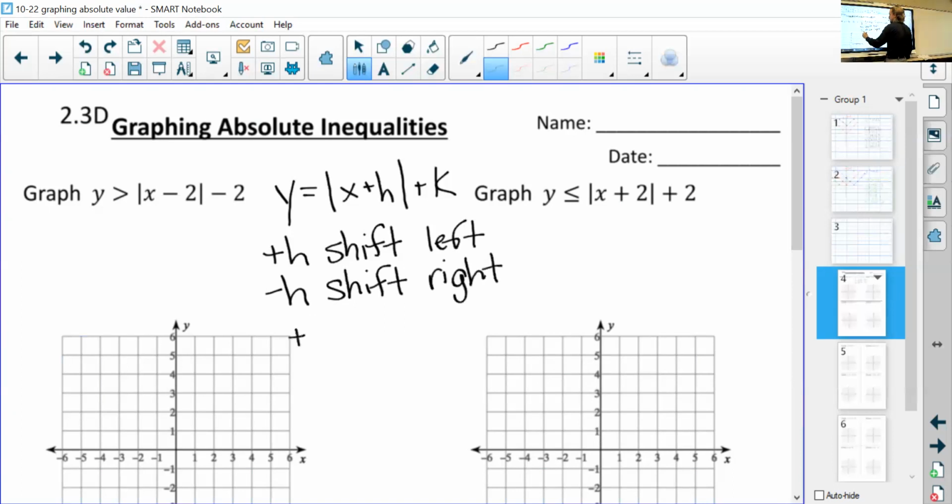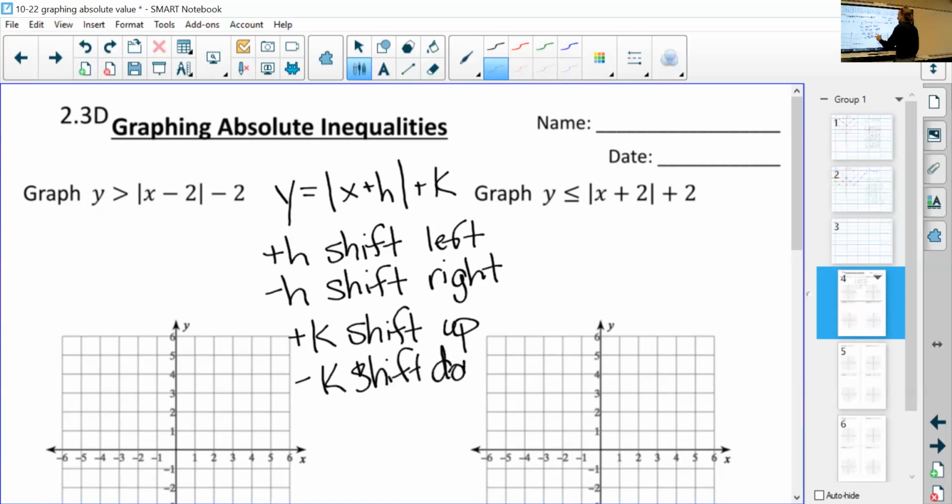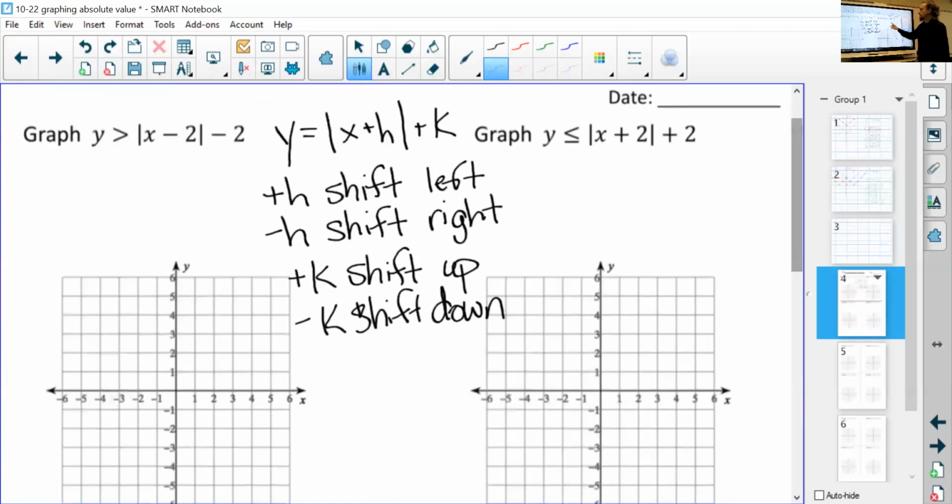If we have a positive k value, we shift up. And if we have a negative k value, we shift down. So really this comes out to a really simple idea: we just look at these two numbers. Again, these graphs will get more complicated because we can add way more than what's here. But for now, we just have h and k, and that's going to move it left, right, up, and down.